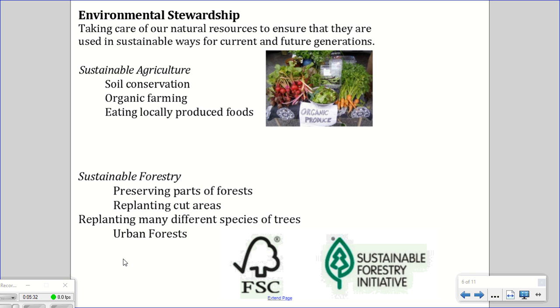So, considering the canopy cover of cities has become a very big thing of city councils of late, and even regulating trees that are cut down by individuals, even if those trees happen to be on your property.